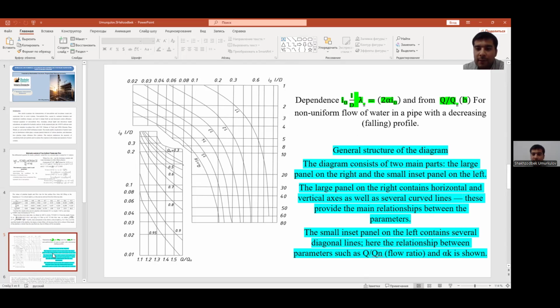The large panel on the right contains horizontal and vertical axes as well as several curved lines. These provide the main relationships between the parameters. And the small one on the left side contains several diagonal lines, and there is also a relationship between parameters such as Q, flow ratio, and alpha as well.